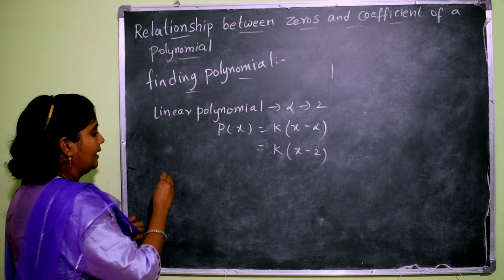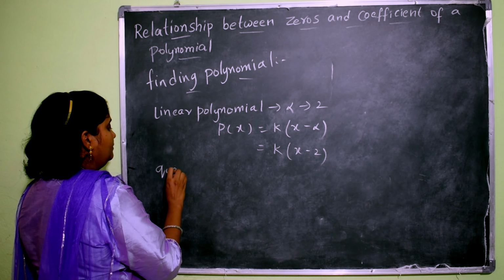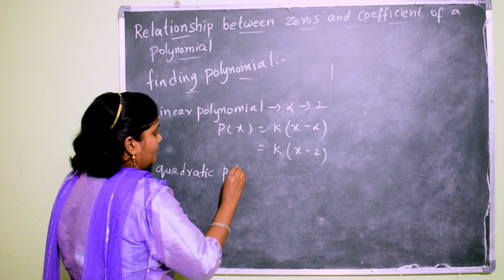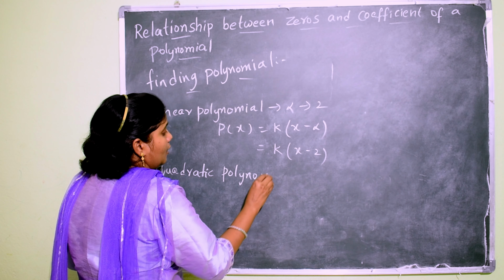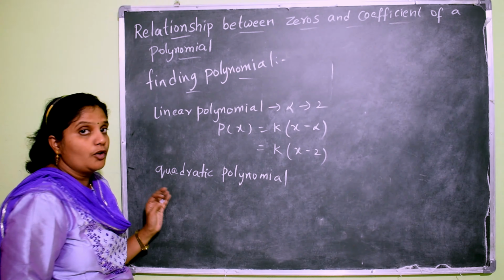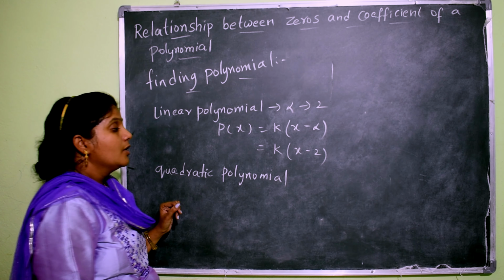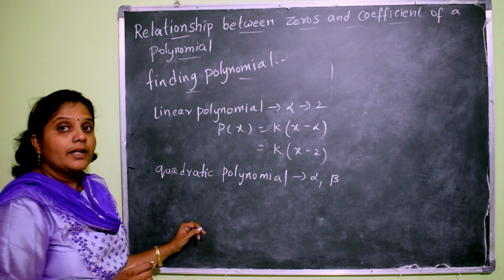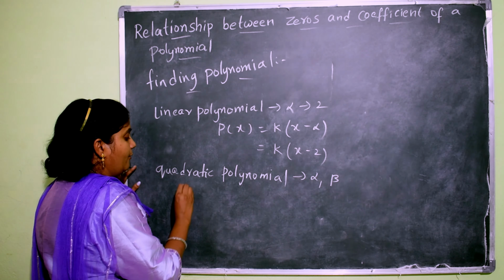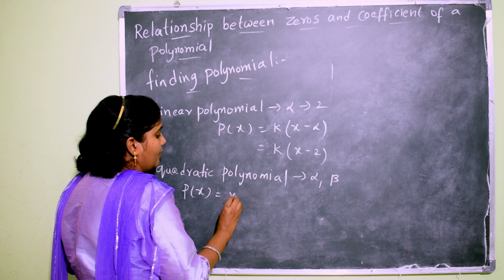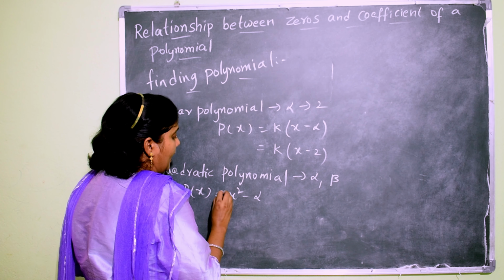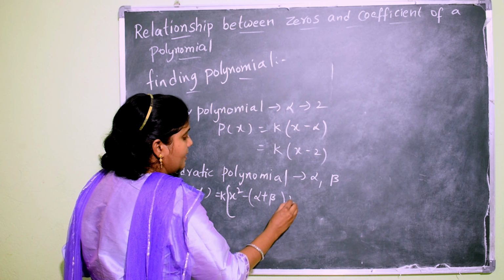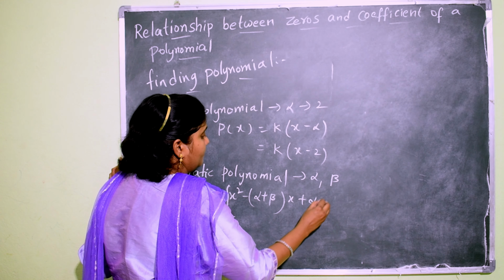So now for quadratic polynomial. How can we find the polynomial for quadratic? So if we know alpha comma beta, then we can find the polynomial. That is p of x is equal to k into x square minus alpha plus beta into x plus alpha beta.